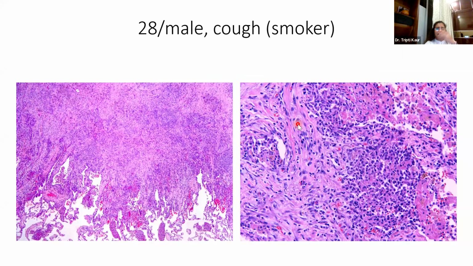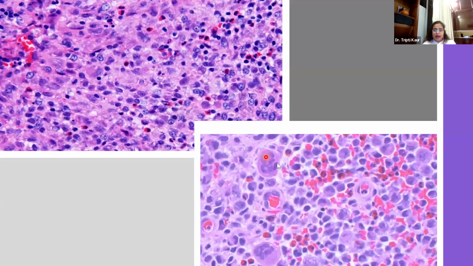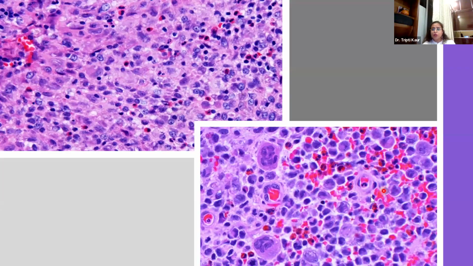Okay, so next is a young male smoker, cough, presented with some lung nodules, a very busy looking slide. There are some histiocytes, looks like LCH. Histiocytosis. Yes, very good. So there are some eosinophils here, and there are some multinucleated cells here. Can you please explain what are the characteristics of these cells, LCH cells?